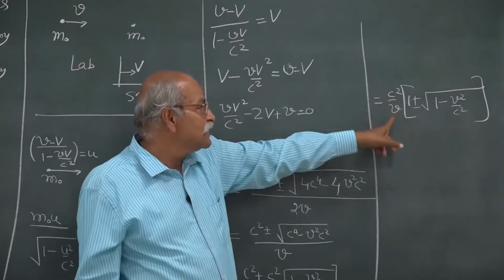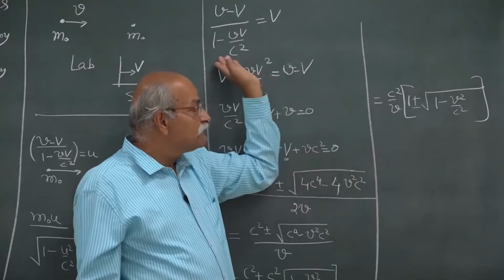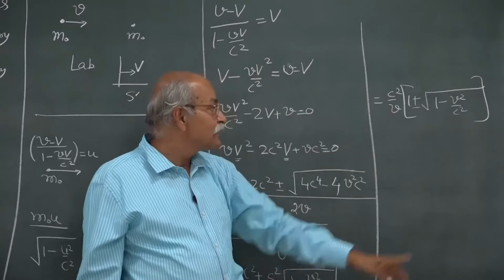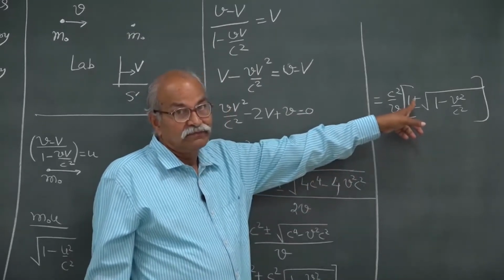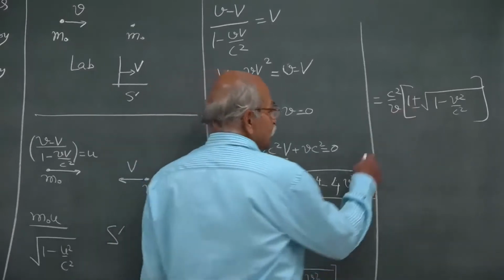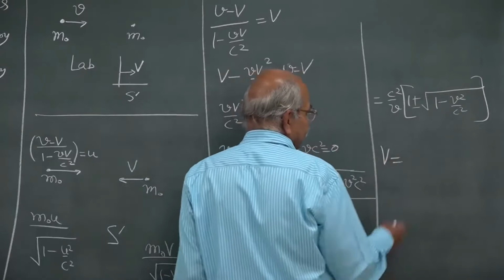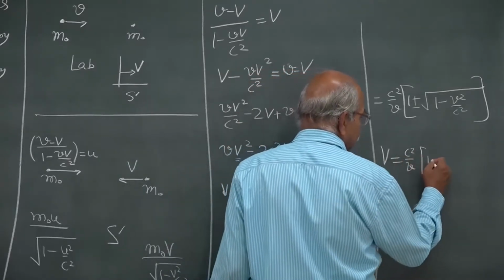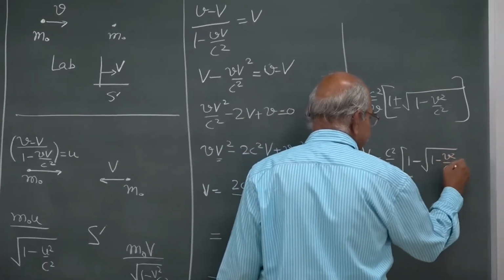So, this quantity is already greater than c, and this capital V also cannot be greater than c, and therefore, this plus sign is ruled out, and hence the frame velocity is c square by v into 1 minus square root of 1 minus v square by c square.